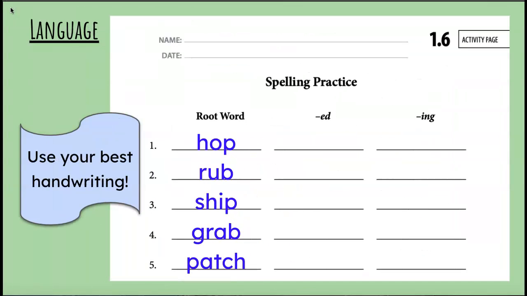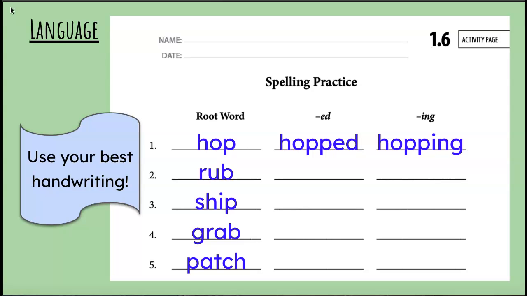So here we go, boys and girls. Let's add our ed and ing endings to these words. Hop is a CVC word, consonant, vowel, consonant. So we're going to double that consonant and write hopped. Oh, hopped sounds like a t at the end for ed.